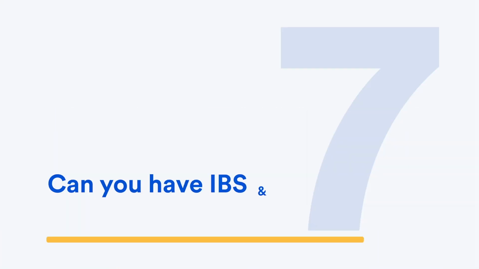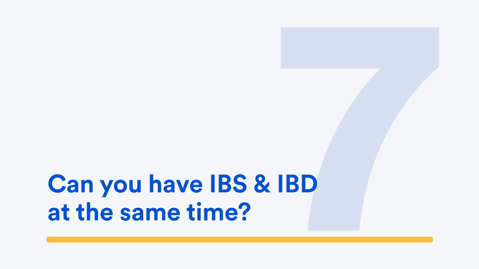Now, what if you have the worst of both worlds? Is it possible to have IBS and IBD at the same time? There are quite a few people who have IBD that may also have IBS, or at least IBS-like symptoms, even when their IBD is in remission.